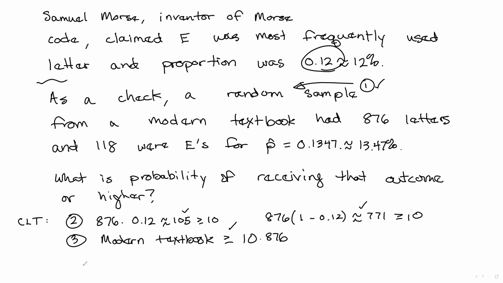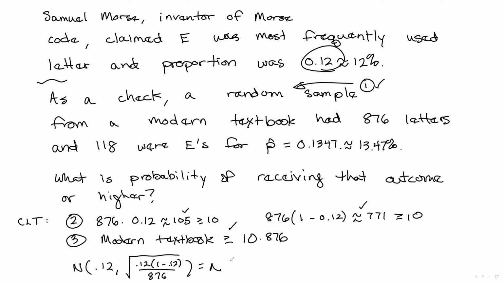Thus, we know we're going to have a normal distribution for the outcomes from random samples from our textbook. That normal distribution is going to have a mean of 0.12, and a standard error of the square root of 0.12 times 1 minus 0.12, over 876.